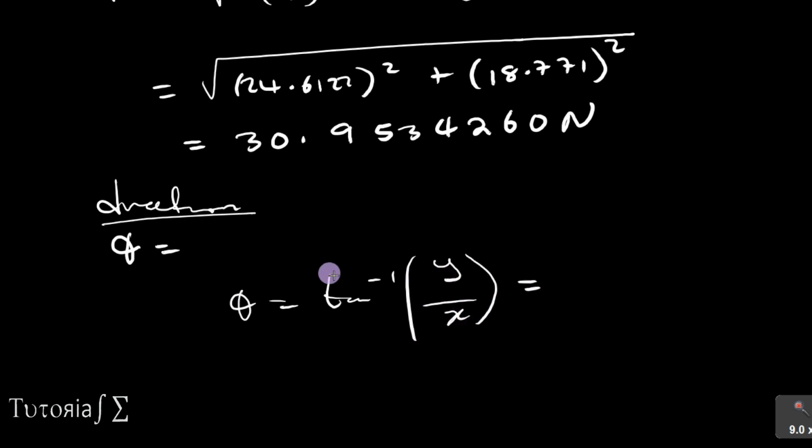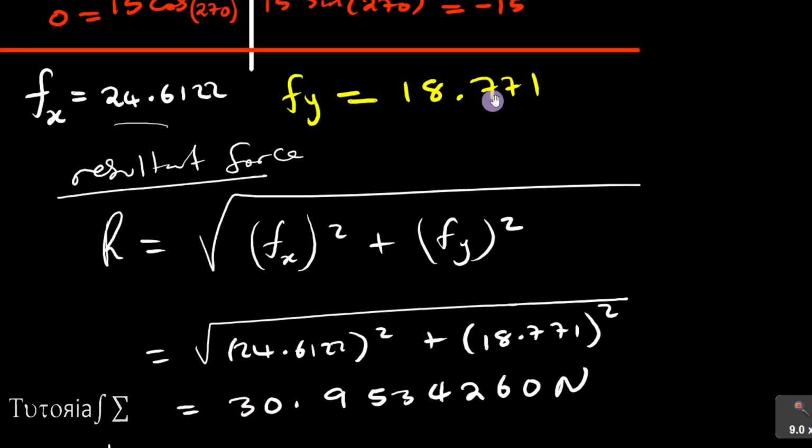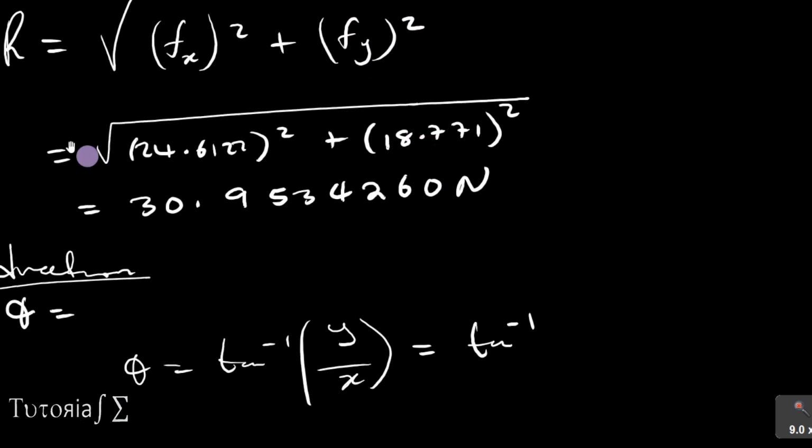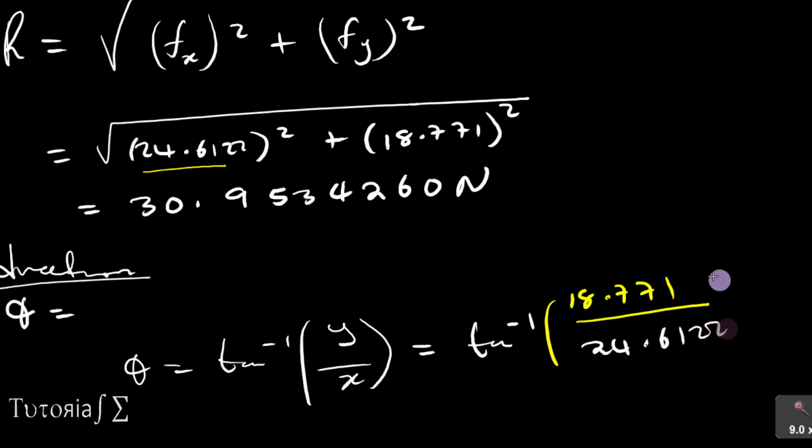So that is tan inverse of 18.771 divided by the x part, which is 24.6122.